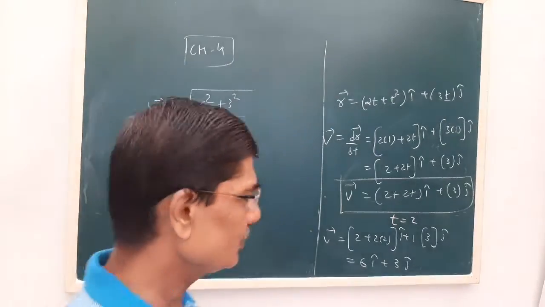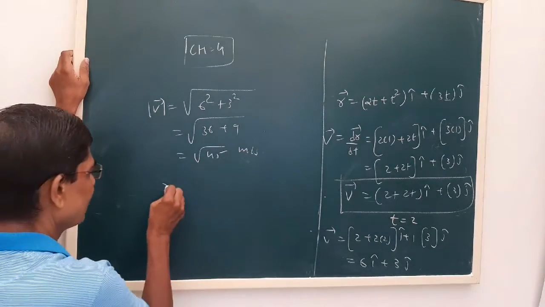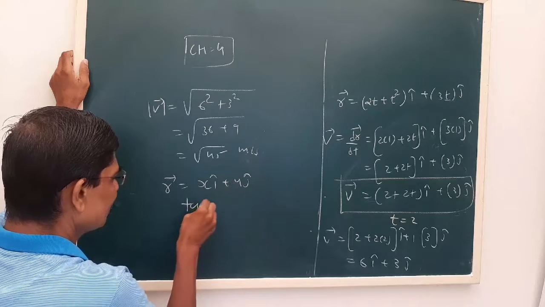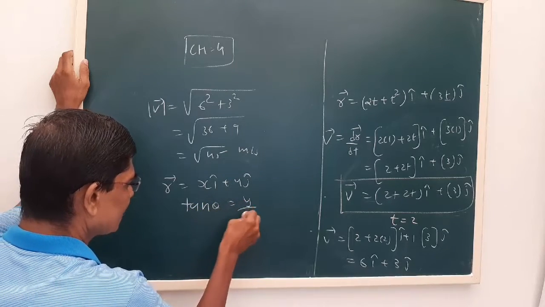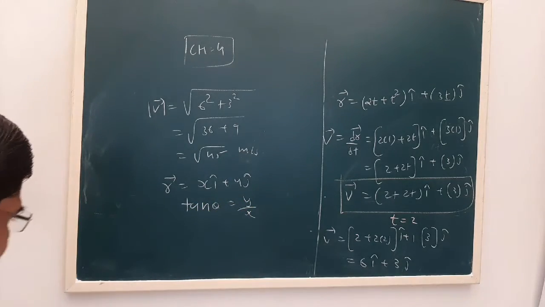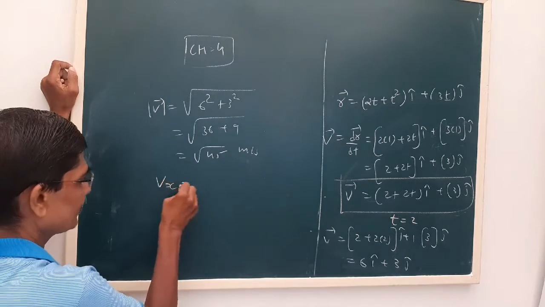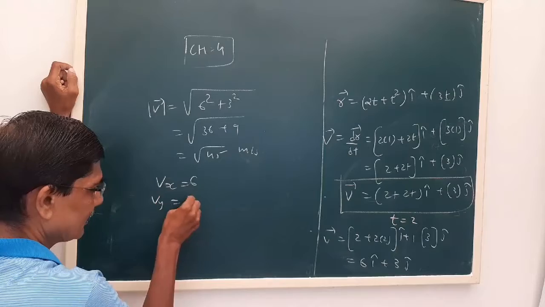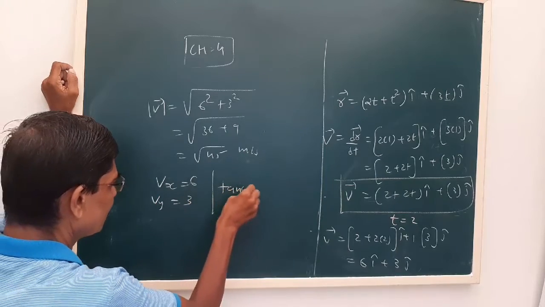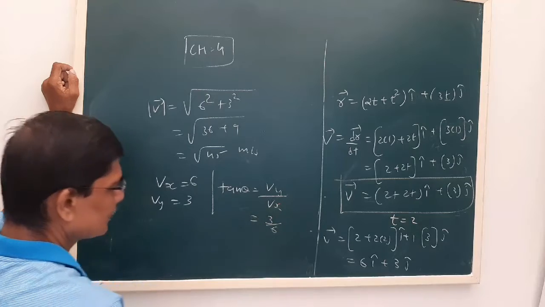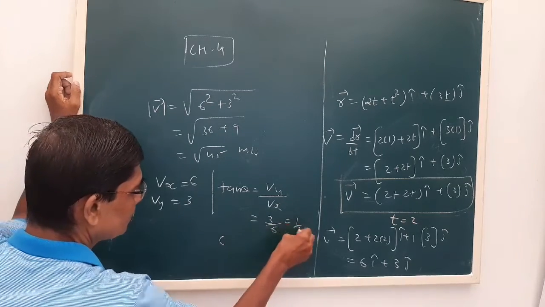Now about the direction. For r equal to x i plus y j, the direction we used to write was tan theta equals y upon x. Here also we have the velocity in terms of components. Here vx is 6 and vy is 3. So tan theta is vy upon vx, that is 3 upon 6, or 1 by 2.